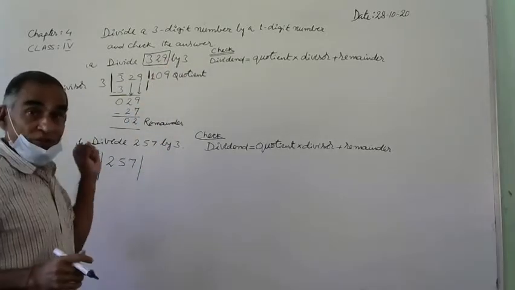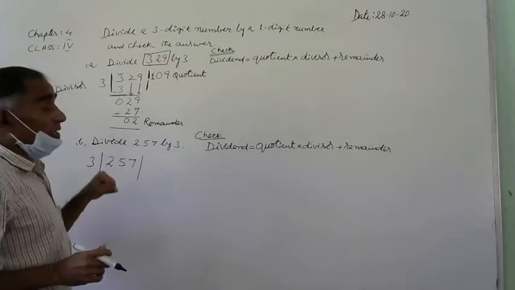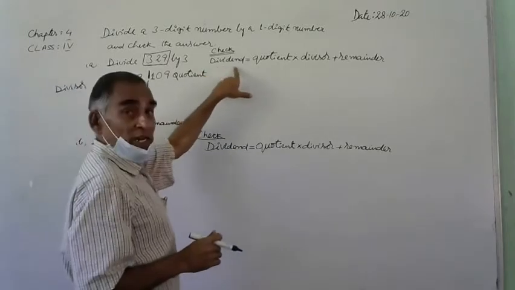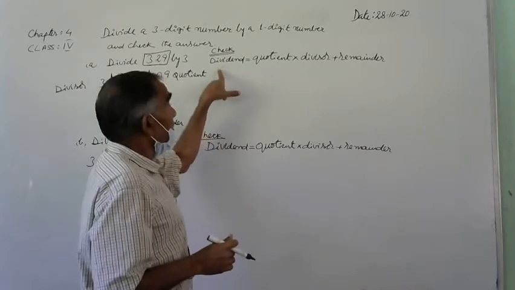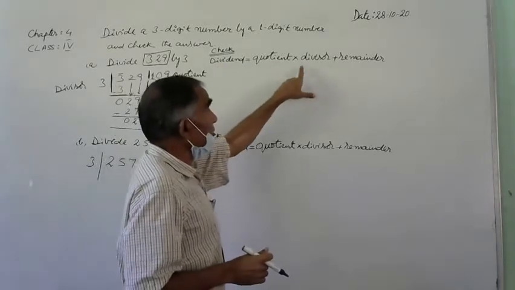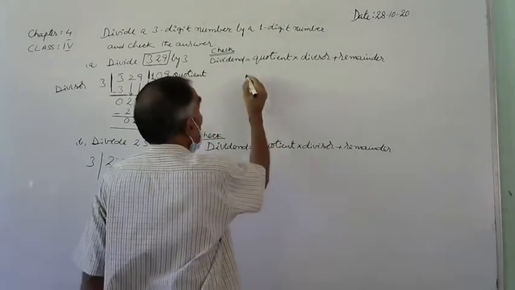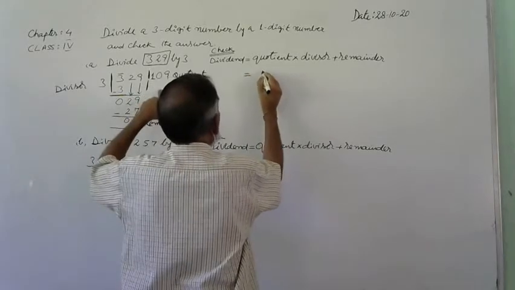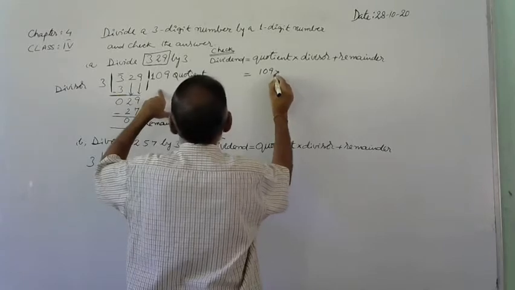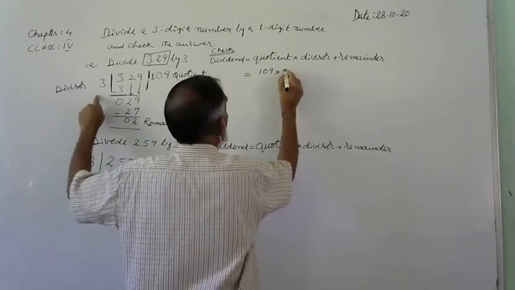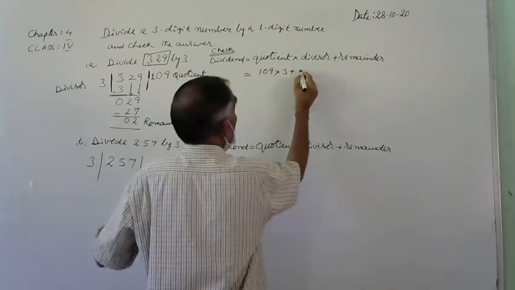Now we have to check whether our division is correct or not. Now you see, you write this formula. You practice it. In class 3 you learned: dividend is equal to quotient into divisor plus remainder. Now write the quotient. How much did you get? 109 into divisor 3 plus remainder.